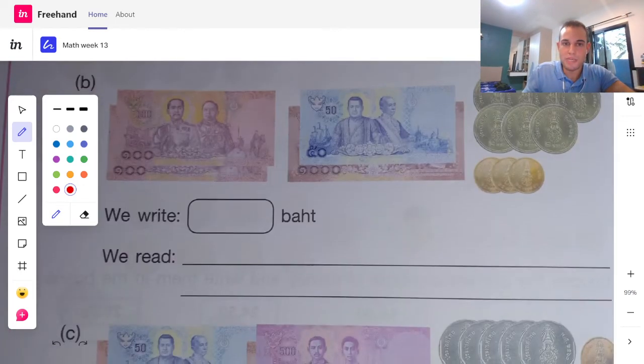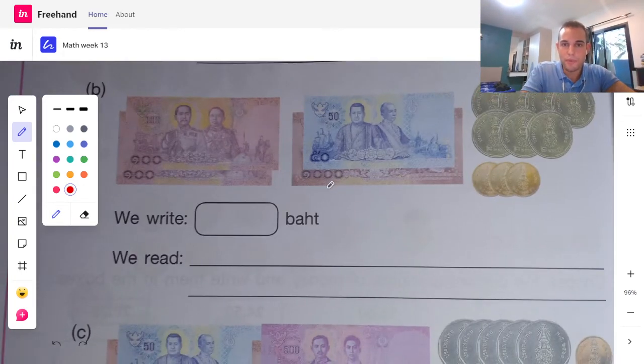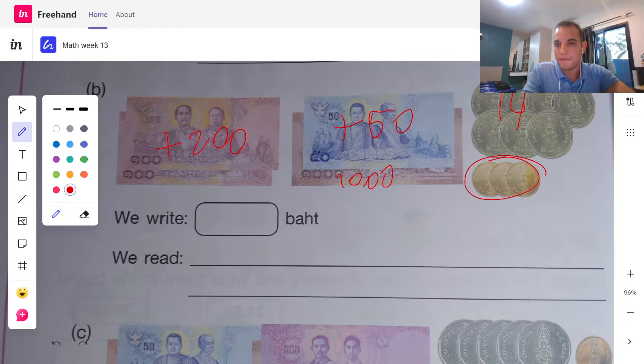Okay, let's do B. That's right, we have 1,000 here this time. 1,000 plus 200 plus 50. And these are the twos. We have 2, 4, 6, 8, 10, 12, 14. So that's 14 baht. And this time we have 3 25 satang coins. So that is 75. 25, 50, 75.